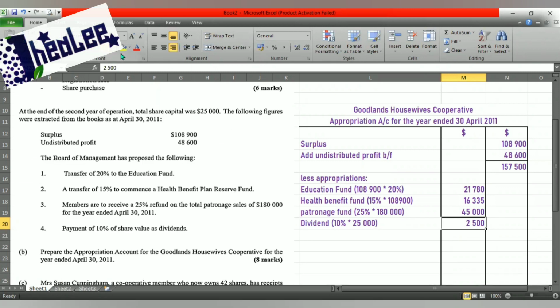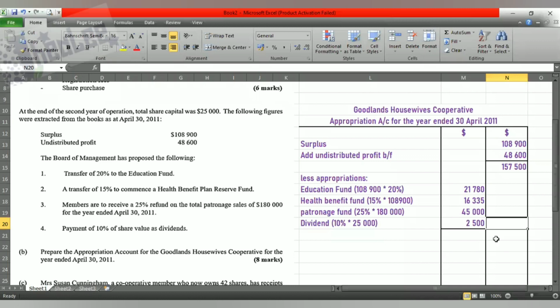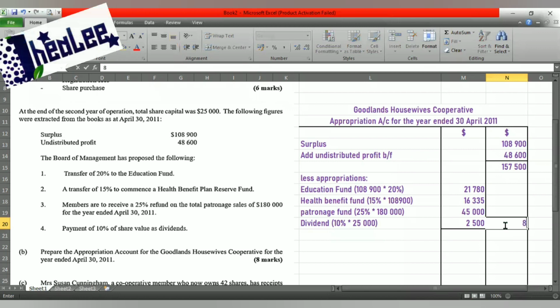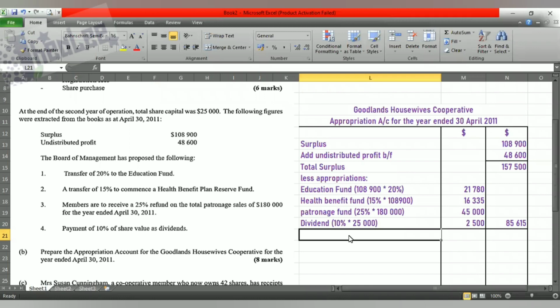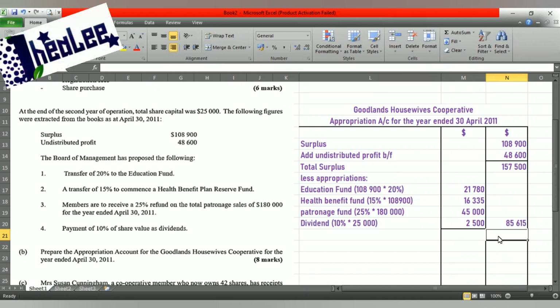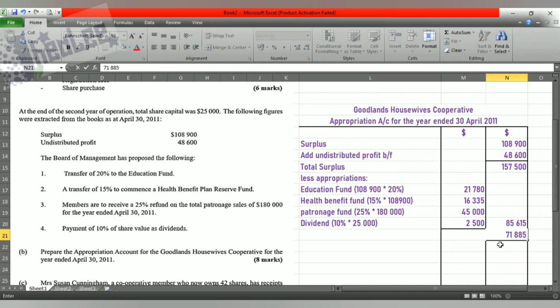Now that we have calculated our appropriations, we now need to put in the total appropriation that we're going to subtract from the total surplus. And the total appropriation is $85,615. 157,500 minus the total appropriations of $85,615 gives us a value of $71,885.